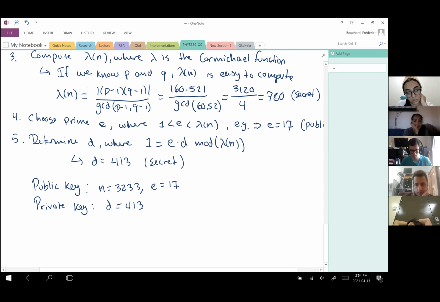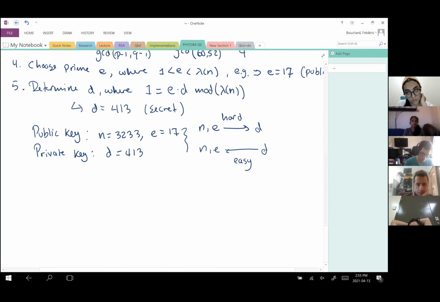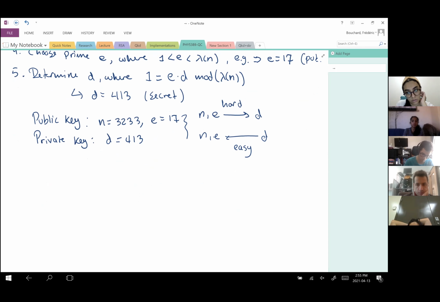So as long as you keep d a secret, you can announce n and e on the public channel. And here's the point. To go from n and e to d, or the other way around, so this is easy, this is hard. So once you know the private key, it's easy to calculate the public key, but not the other way around.